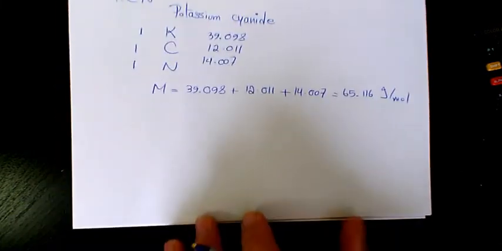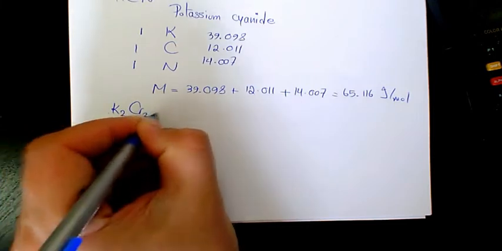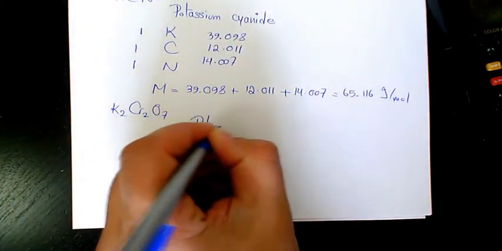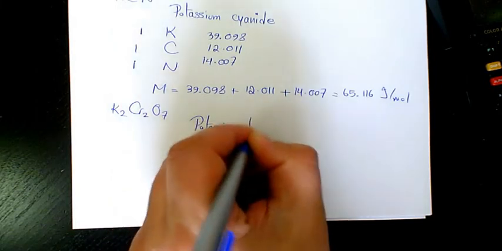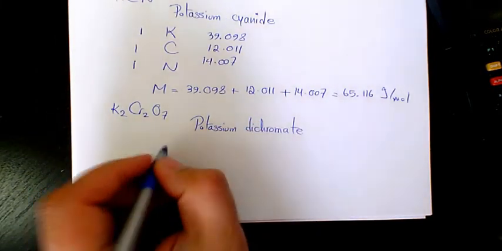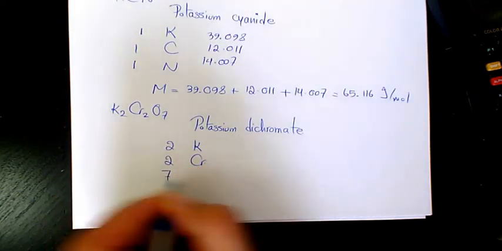Next one is potassium dichromate. So 2 potassium, 2 chromium, and 7 oxygen.